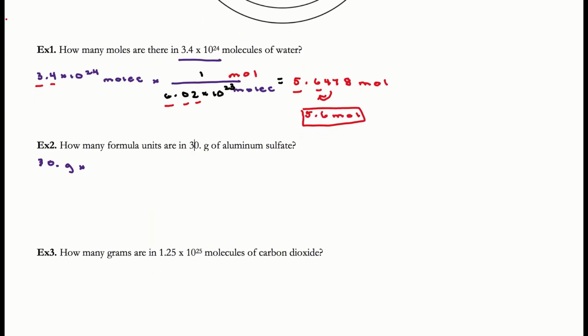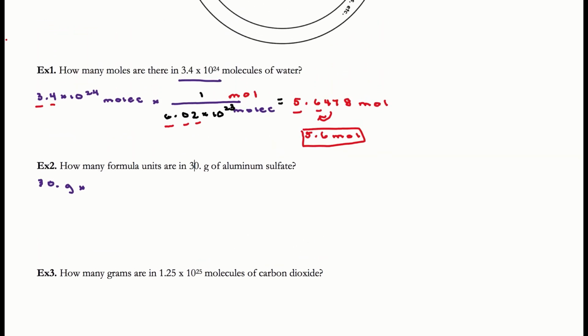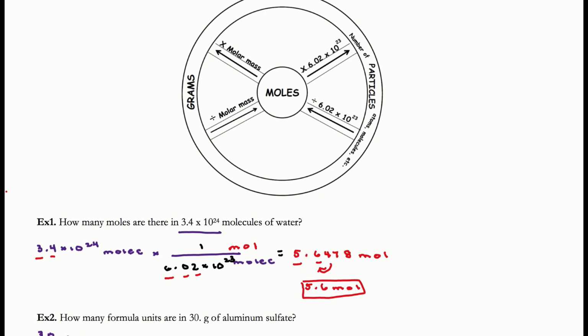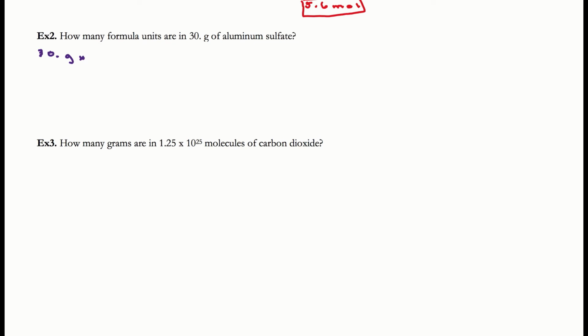All right, so in this problem, I'm in grams of aluminum sulfate and I want to get into formula units. So I'm going to go from grams first into moles, then from moles into formula units. So let's do that. I'm going to go from grams into moles. I'm going to put grams on bottom, moles up top. Then I'm going to go from moles into formula units.